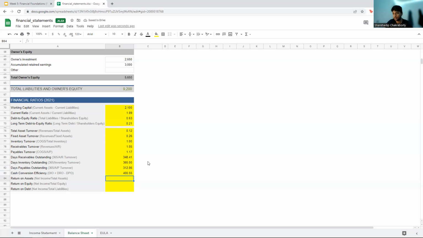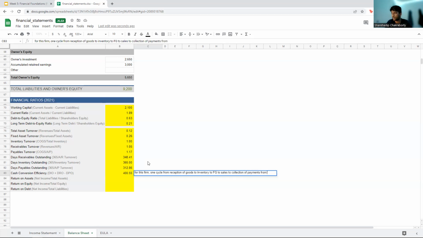So what does this tell us? This basically tells us that for this firm, one cycle from reception of goods to inventory to finished goods to sales to collection of payments from customers takes longer than a year.